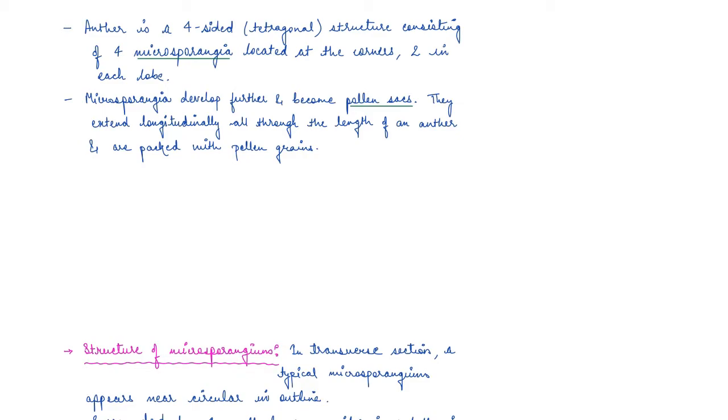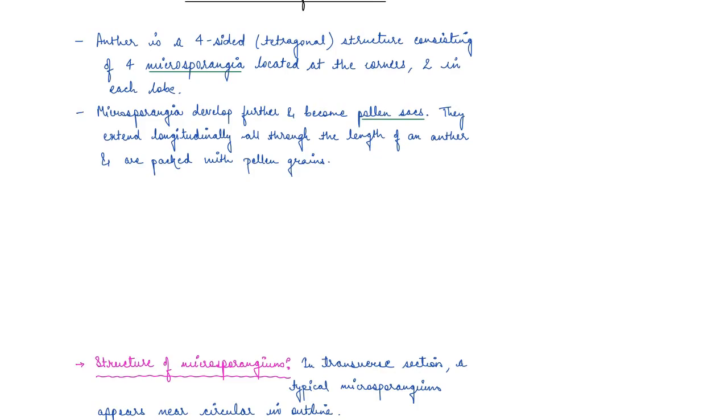And they extend longitudinally all through the length of an anther and they are completely packed with nothing but pollen grains, right? They are packed with nothing but pollen grains. Okay, these are nothing but pollen grains.